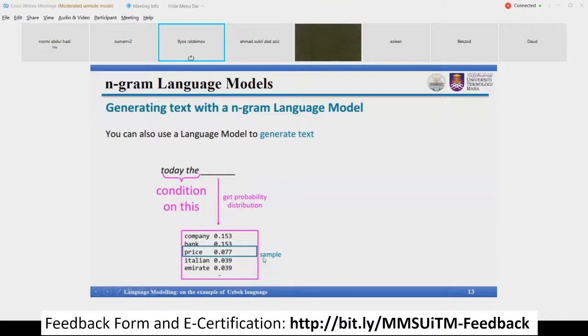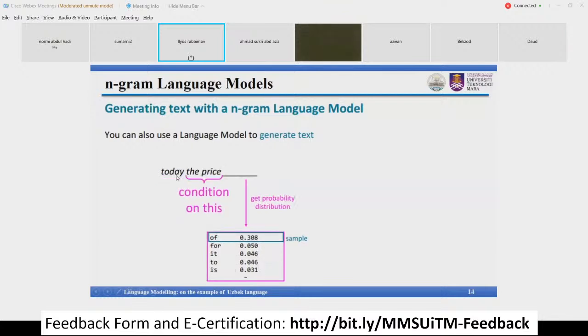And we select this, and then today is the price, and we apply a 3-gram model. There are 2 words and the 3rd word is predicted using the language model. There are candidate words and probability distribution scores.